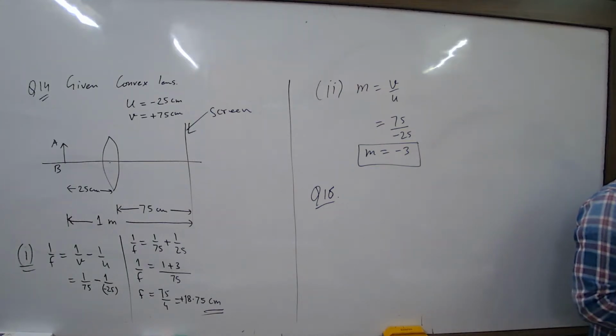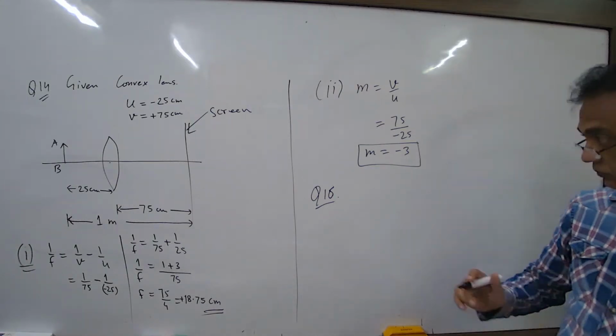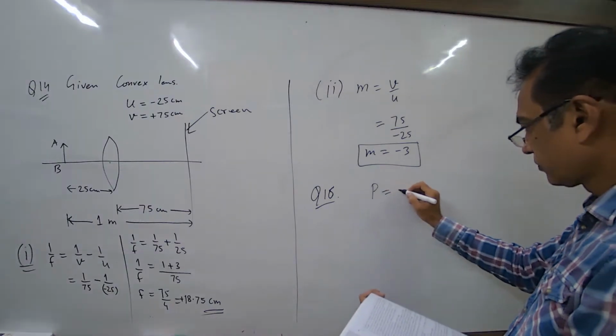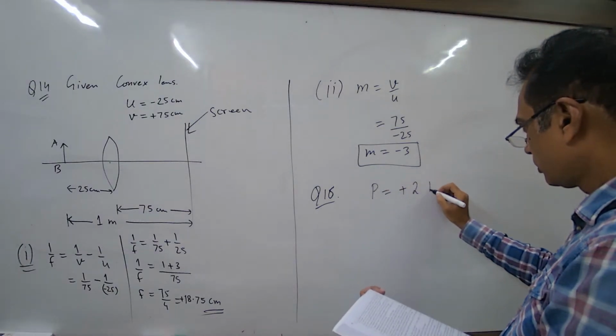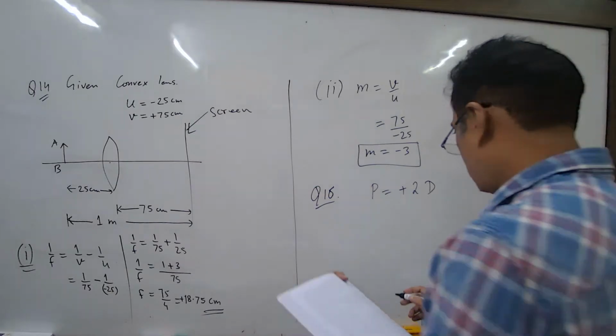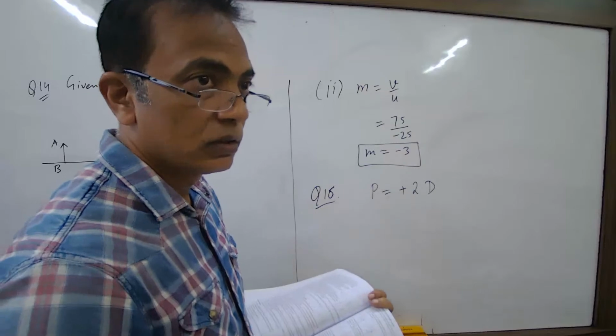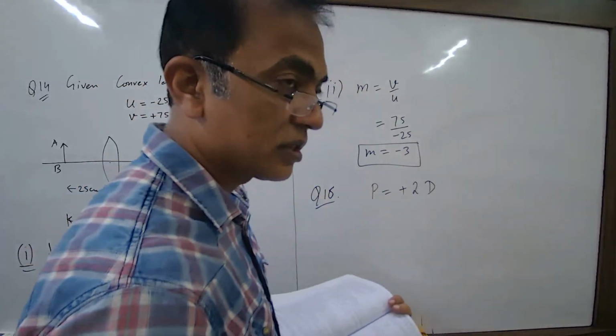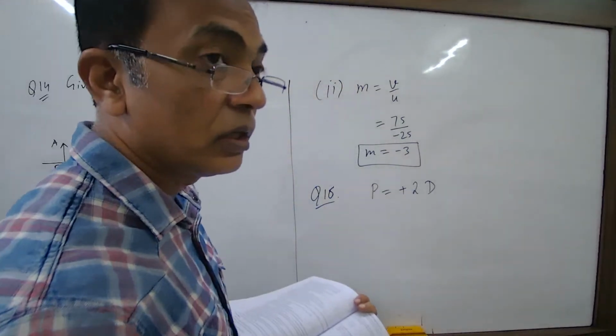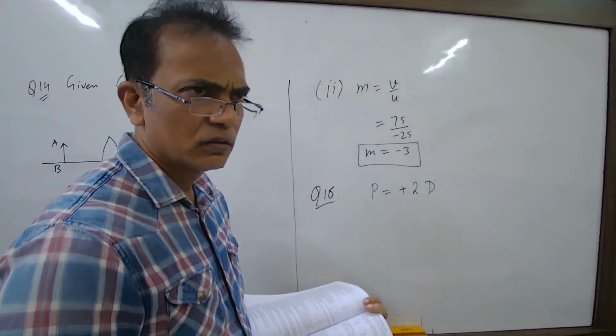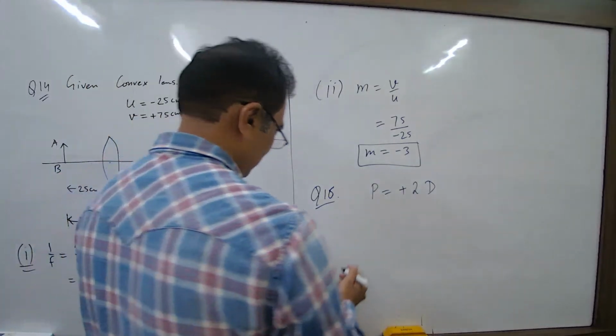Question 16. The power of the lens is plus 2.0D. Find its focal length and state the kind of lens. So power is positive, so what will the focal length be? Positive. So what will the lens be? Okay.